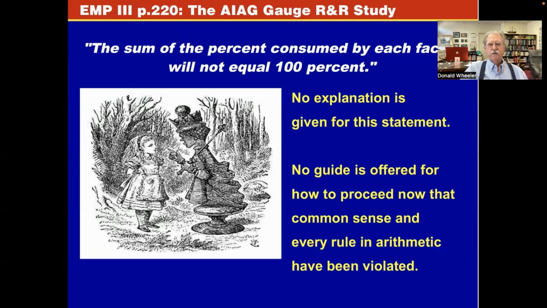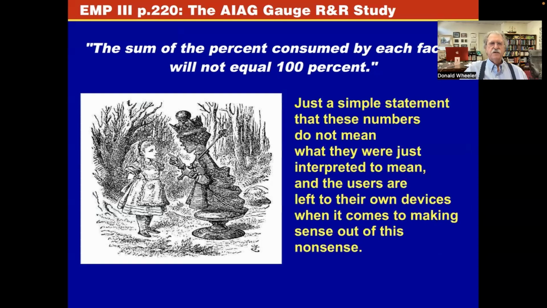No guide is offered on how to proceed now that common sense and every rule in arithmetic have been violated. Just the simple statement that these numbers do not mean what they were just interpreted to mean, and the users are left to their own devices when it comes to making sense out of this nonsense.